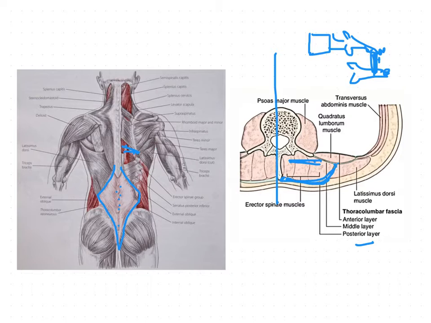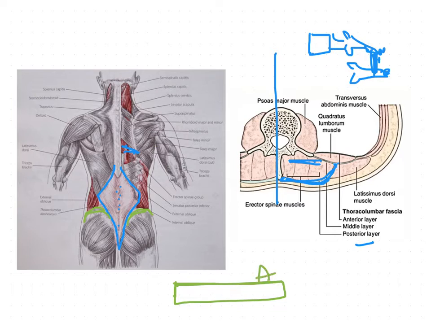Inferiorly, here you can find the iliac crest. This fascia is going to attach to the posterior one-fourth of the outer lip of the iliac crest. I am showing only a schematic representation of the iliac crest.